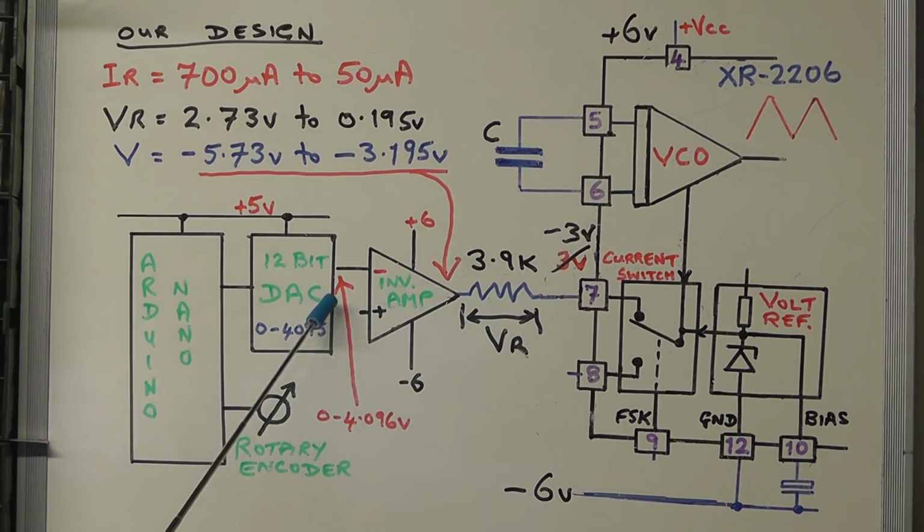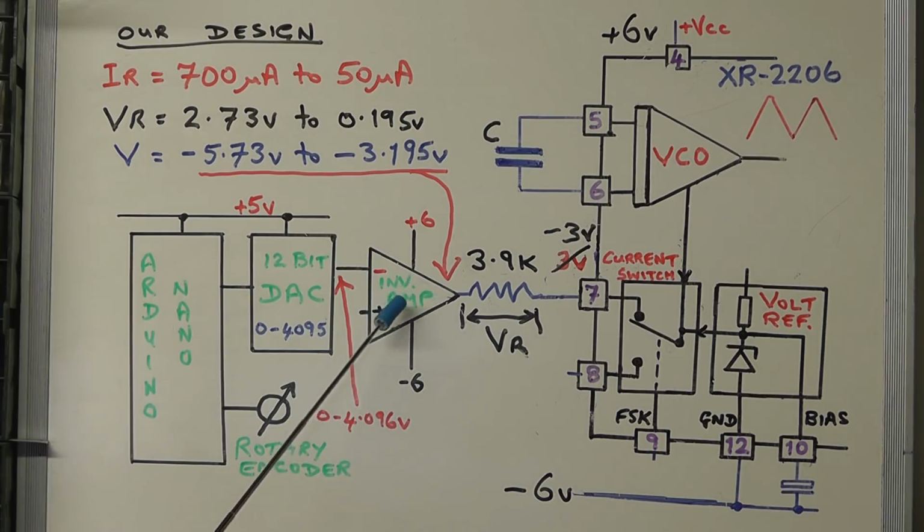That voltage is dependent on the rotary encoder and the information then fed to the input of the DAC. Now remember, we need to generate a negative voltage, so we put it through an inverting amplifier, but we need a higher voltage as well than 4.096, so we need some gain on that, and this inverting amplifier is powered from a plus and minus 6 volt split supply.